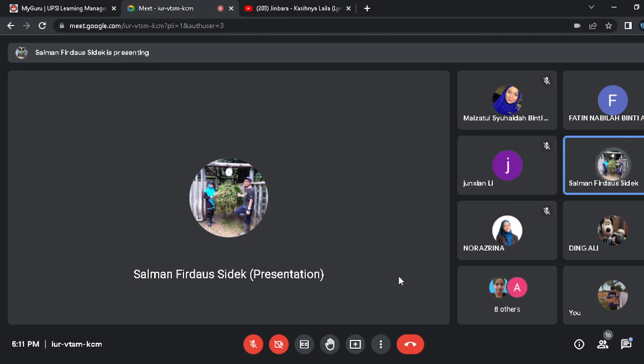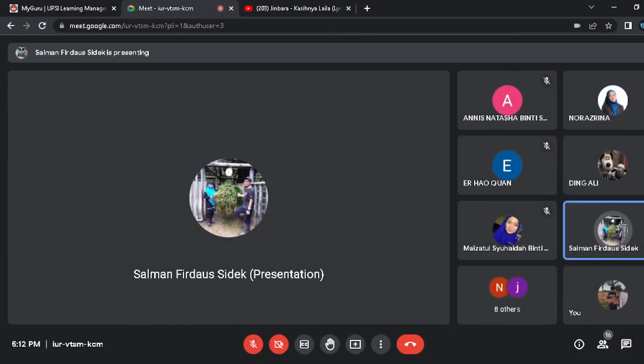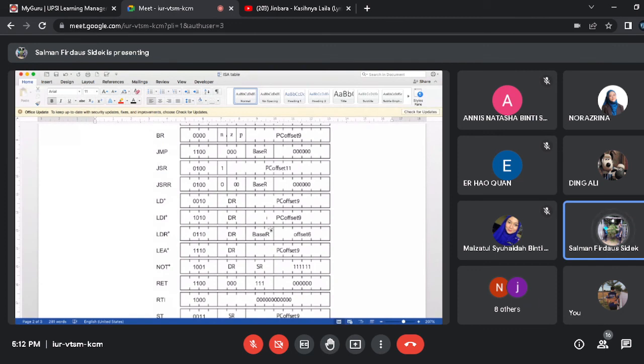Okay, LDR. Here you see 0110. Then 3 bits for the destination register, and then we have base R and offset 6. What does it mean? Base R and offset 6 means they are 6 bits: 1, 2, 3, 4, 5, 6. Offset means distance.